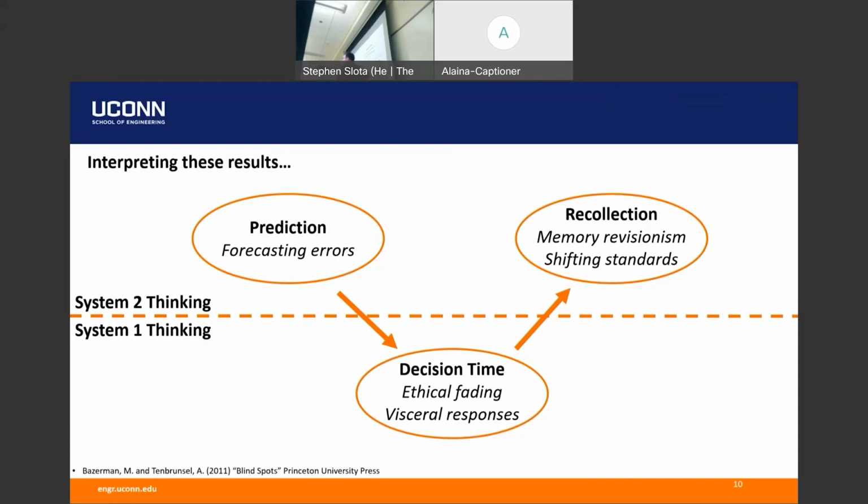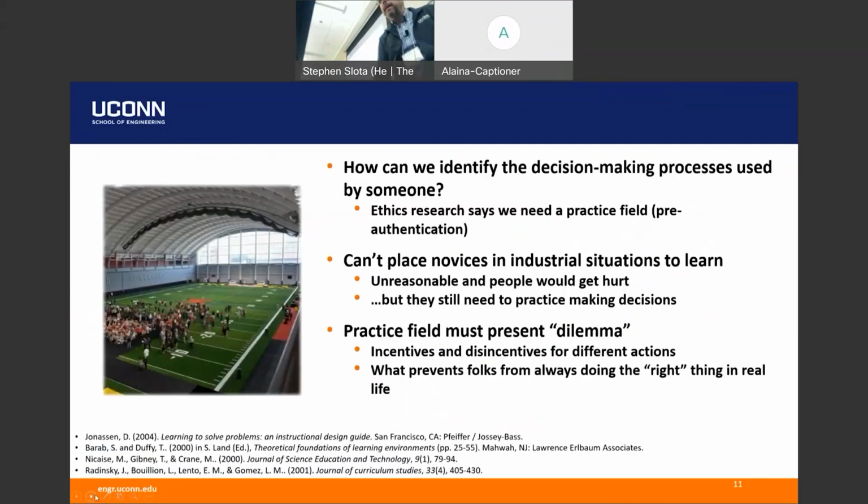So how do you actually get students to behave in an authentic way in a process safety situation? Ethics research says that if you want people to respond in realistic ways, you need to have them practice in authentic environments.